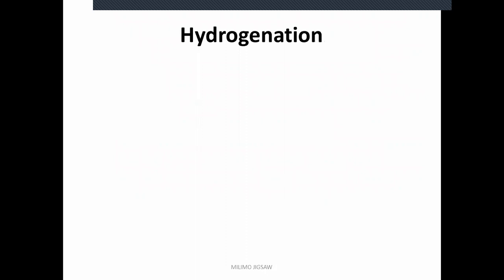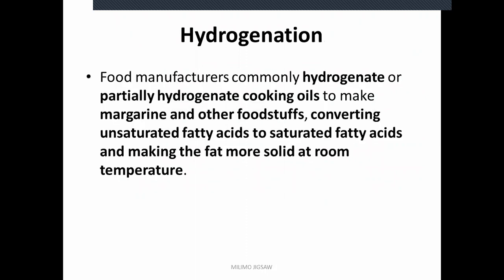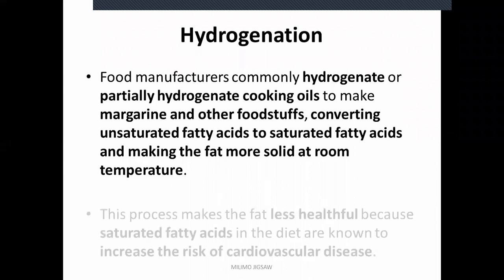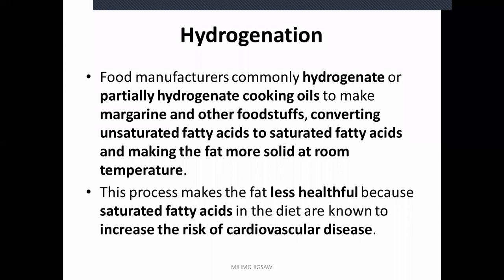Now, industrially, hydrogenation can happen: the addition of hydrogen atoms to unsaturated fatty acids. In the food industry, they apply hydrogenation to make margarine and other foodstuffs. This leads to the conversion of unsaturated fatty acids to saturated fatty acids, and hence makes them solid at room temperature.